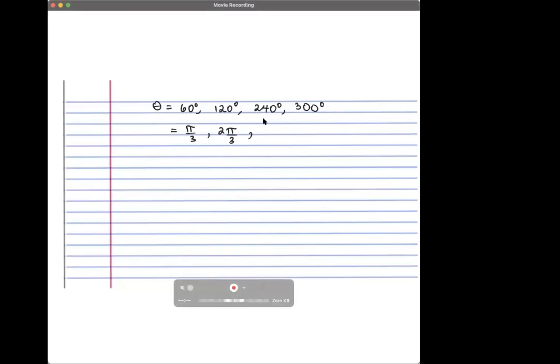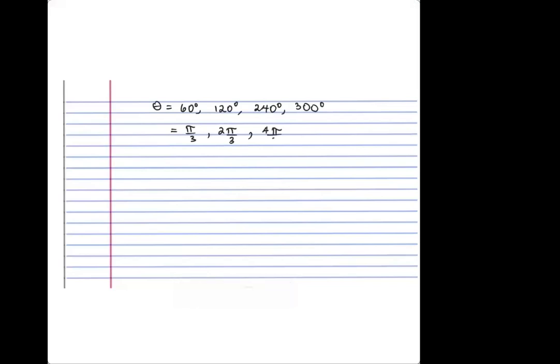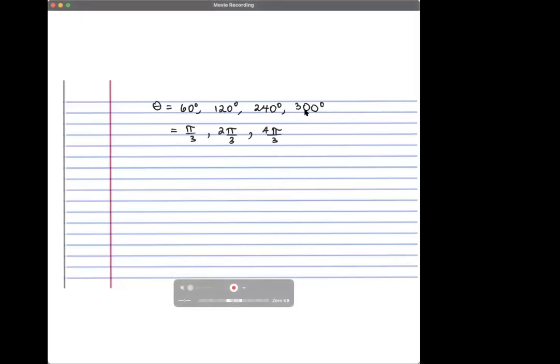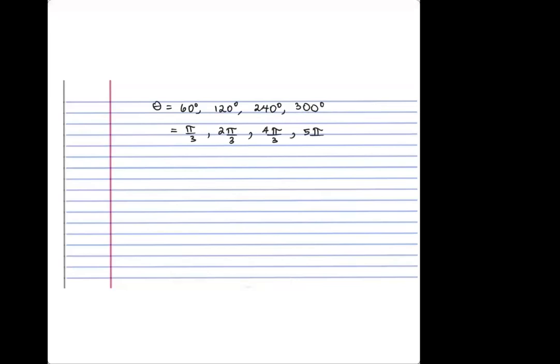And 60 goes into 240 4 times, so that'll be 4 pi over 3. And 60 goes into 300 5 times, so that's 5 pi over 3. So those are going to be the answers for x. So x will be pi over 3, 2 pi over 3, 4 pi over 3, and 5 pi over 3.